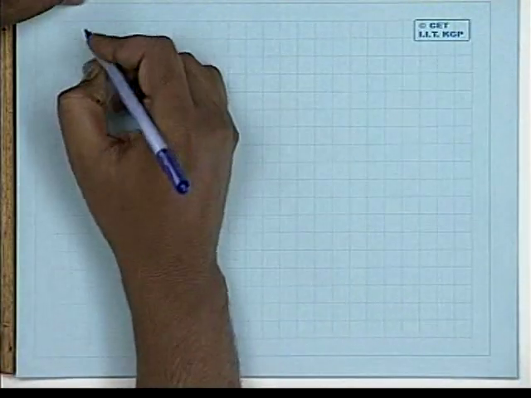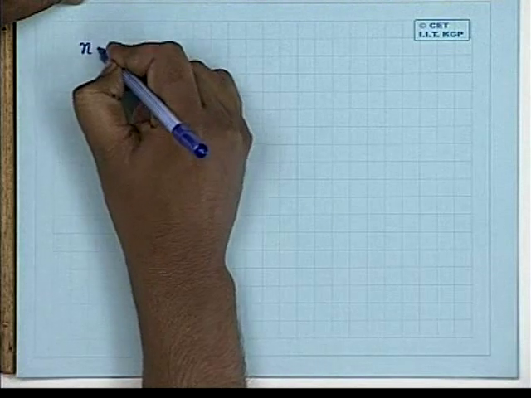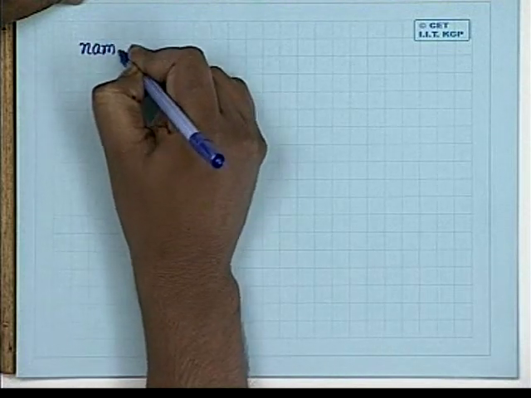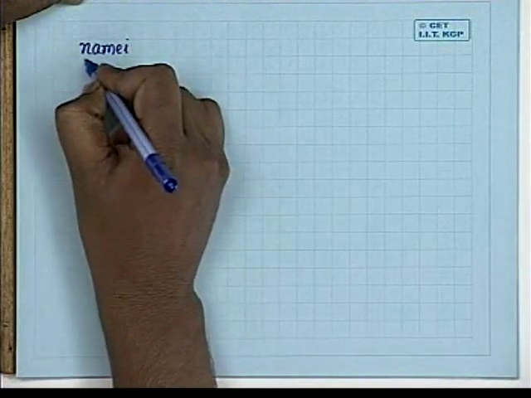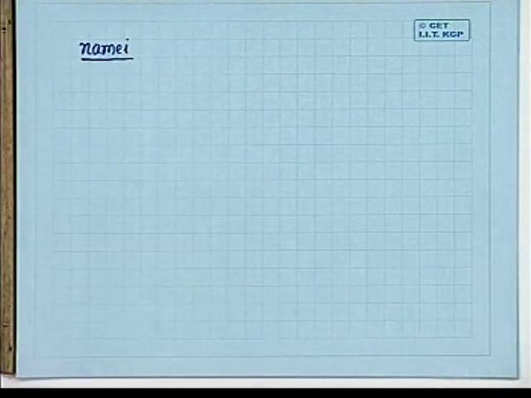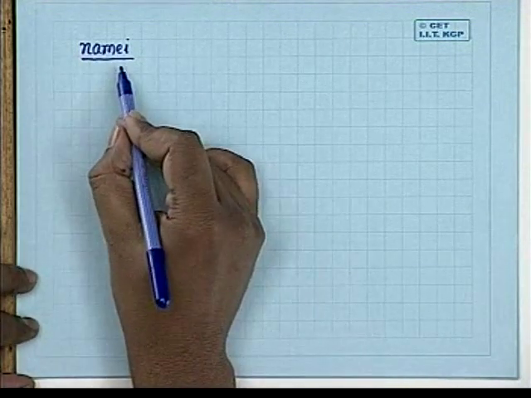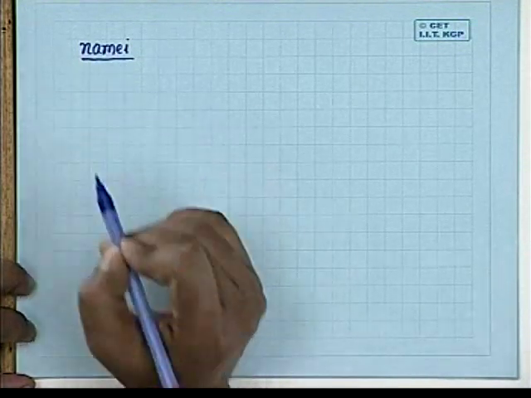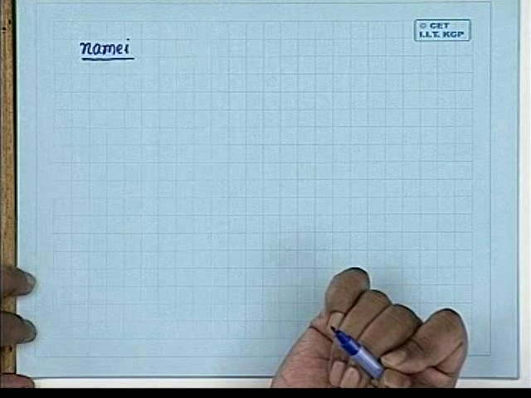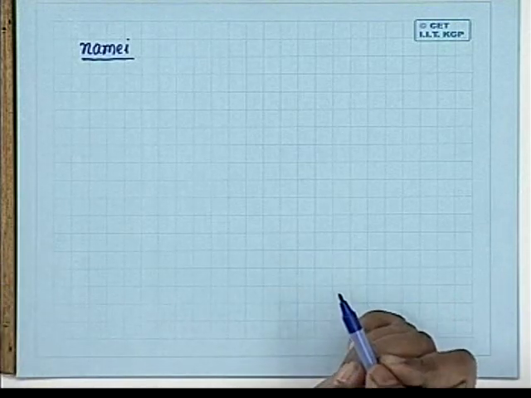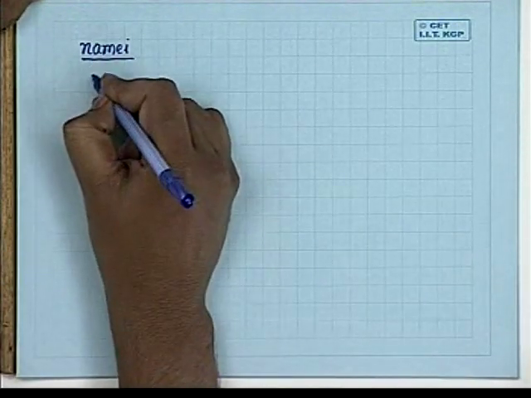Let us call this algorithm, say, name I, which will convert the file name or the path name to the inode number. The input to this algorithm will be the path name and the output will be an inode number. So the algorithm will be like this.